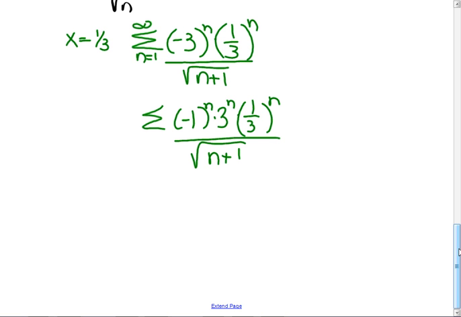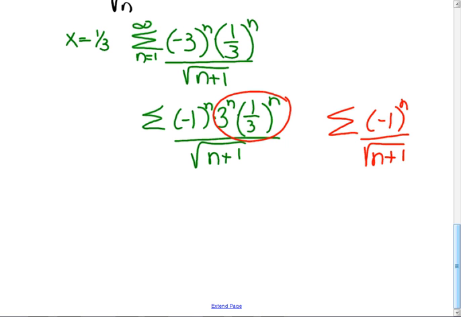And so what are you going to do about this? Yeah, it cancels out. So I end up with the series negative 1 to the n over the square root of n plus 1. Does that converge? By what test? And that's all you have to do. You don't have to say that it decreases or the limit is 0. You just say it converges by the alternating series test.